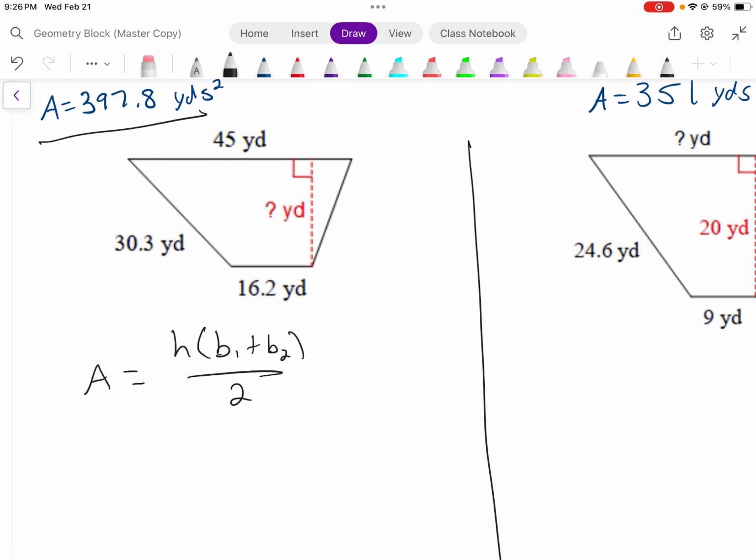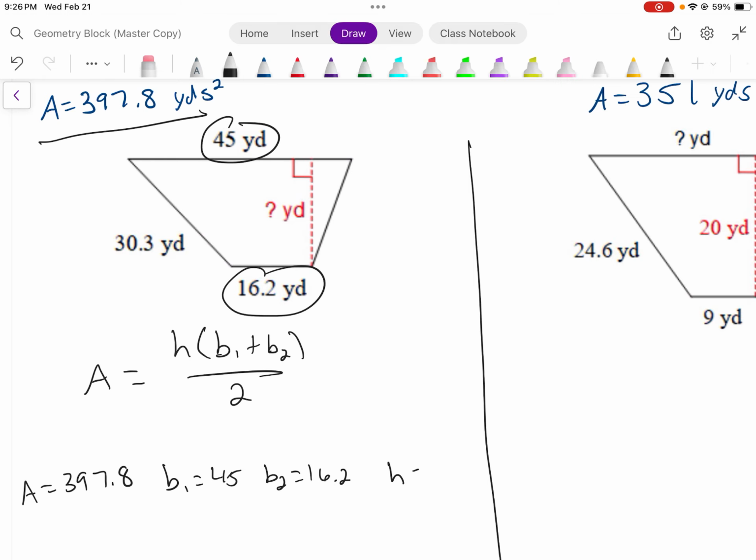But now in this situation, I know the area. Area is equal to 397.8. Base 1 is 45. Base 2 is 16.2. Height, that is the part I don't know.